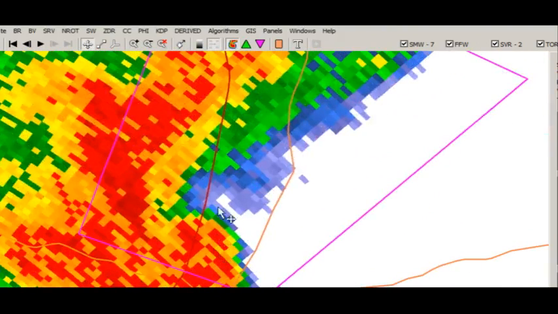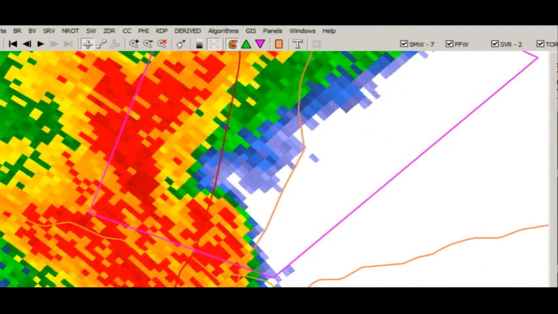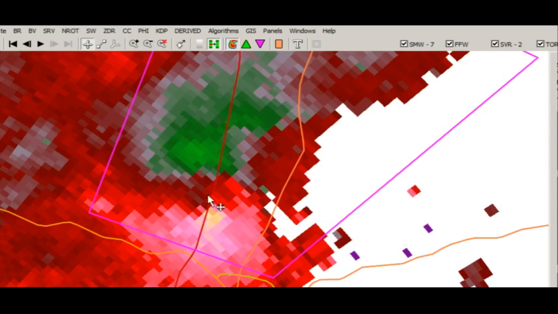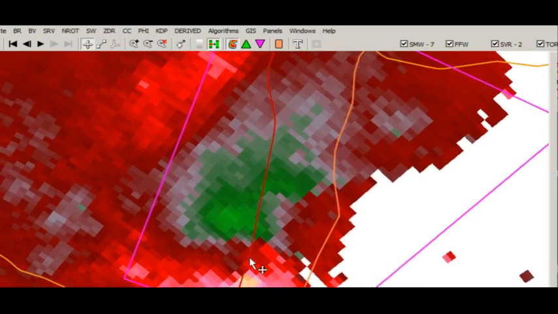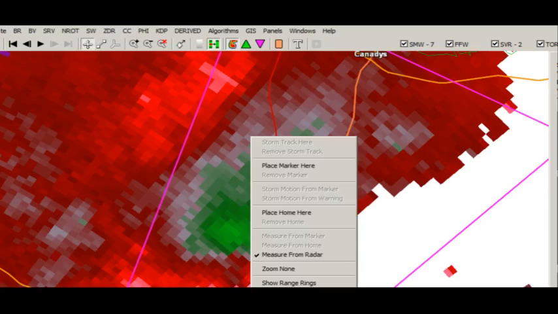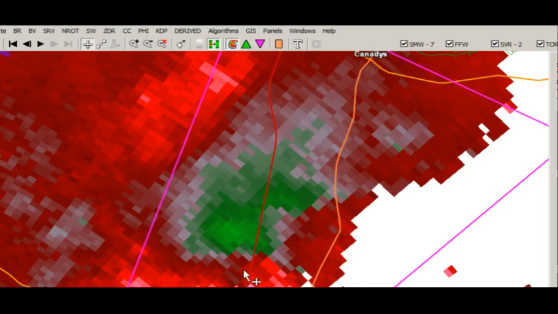Yep, that's on 95. So let me bring up the velocity and we'll see what's going on here. Okay, this is starting to look kind of like a mesocyclone. So let me see what kind of diameter we're looking at on this circulation. 2 miles, that's going to be in between tornadic and mesocyclonic.